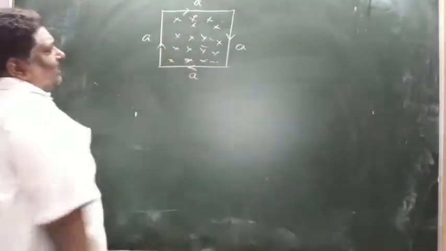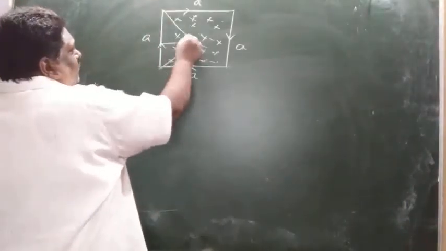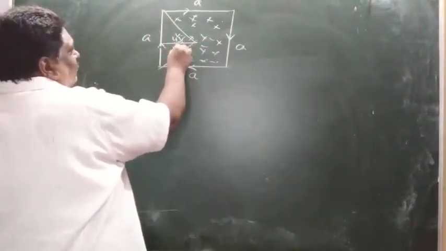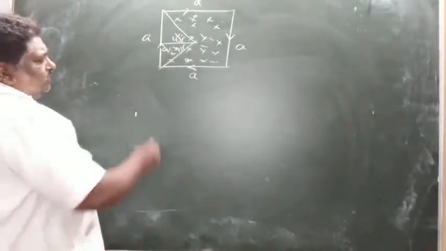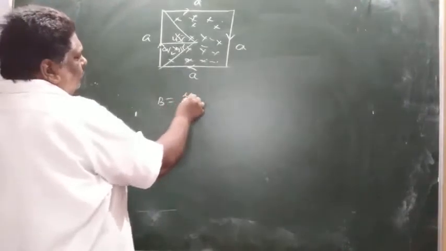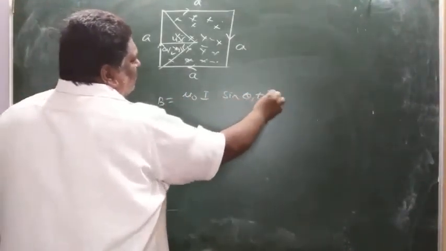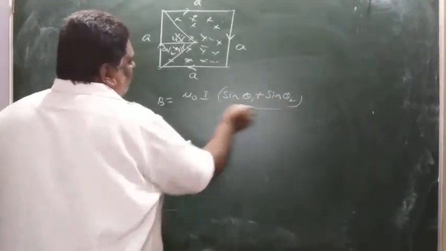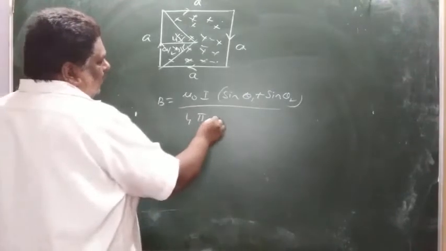So the total magnetic field is the resultant of all these four conductors. Suppose you join them, then 45 degree, 45 degree, and this length is A by 2. Then use this formula: B is equal to mu naught I into (sin theta 1 plus sin theta 2) by 4 pi r.